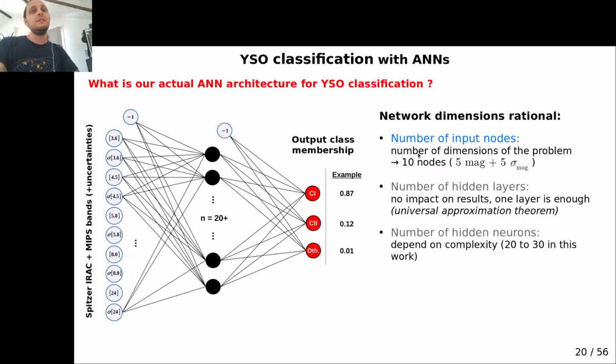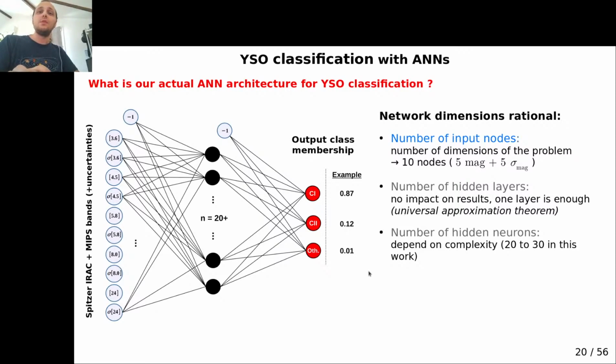Then we have to define the internal part of the network. The number of hidden layers is really not an important aspect, because from the universal approximation theorem, it was demonstrated that using only one hidden layer stuffed with enough neurons, of course, you can approximate any function you want, and it's still a universal function approximator.